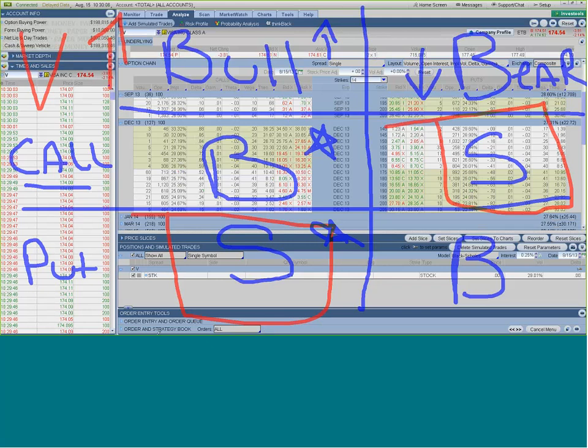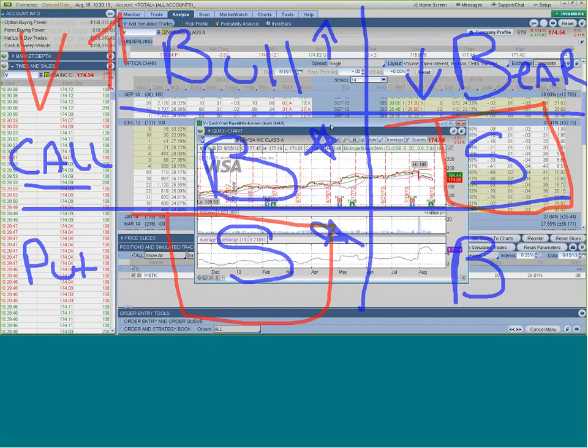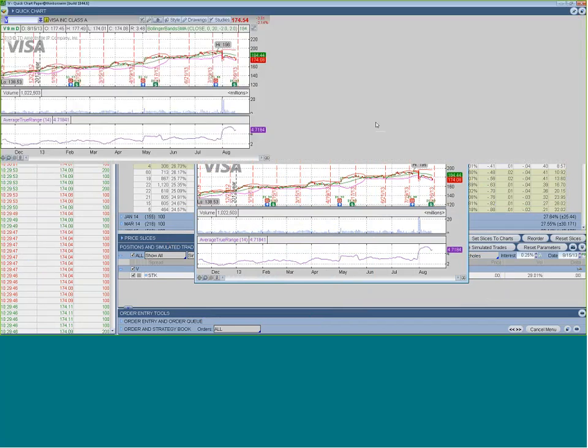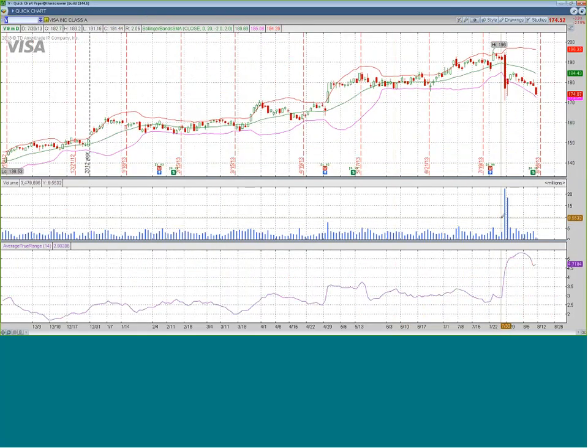We don't want to buy a put because according to the charts here, the volatility is already very high. You don't want to buy options with high volatility as the stock's already very volatile because that means those options will be too expensive.